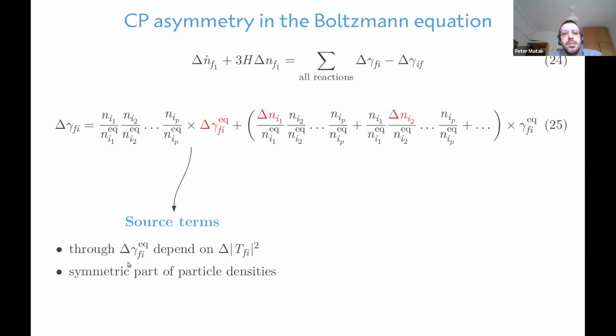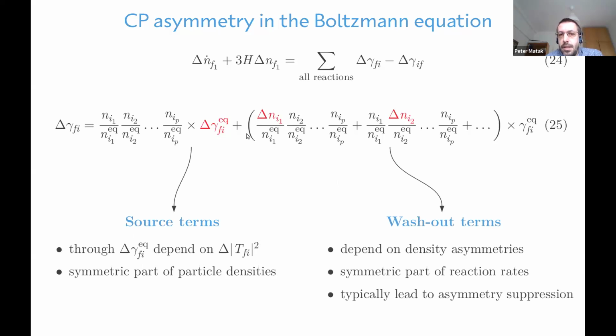It depends on the asymmetry of the reaction density and actually on the asymmetry of the squared amplitude of a process, and only comes with the symmetric part of particle densities. The second contribution goes to the washout terms of the asymmetry, depends on asymmetric densities, and comes with the symmetric part of the reaction. Typically, in the Boltzmann equation, this leads to washout of the asymmetry.